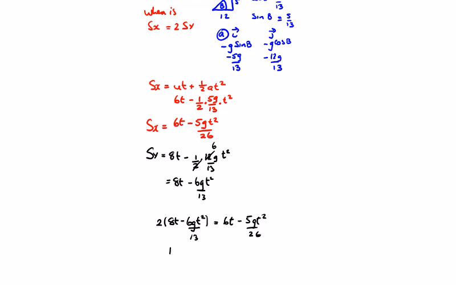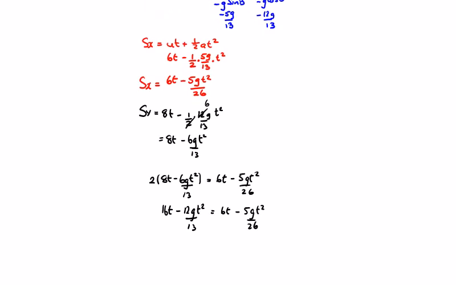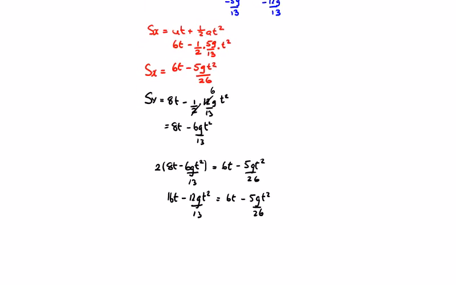Let's see what we get. 16t minus 12gt²/13 equals 6t minus 5gt²/26. So we'll multiply by 26. Or I could say 12gt² minus 5gt². Well, let's change this, 24gt²/26 if I double it.